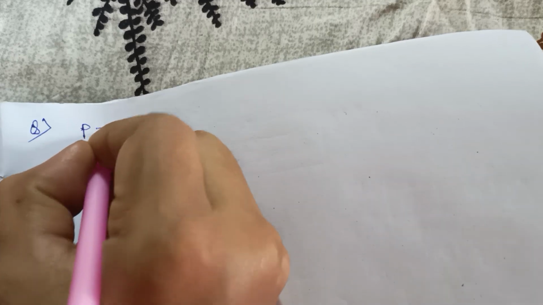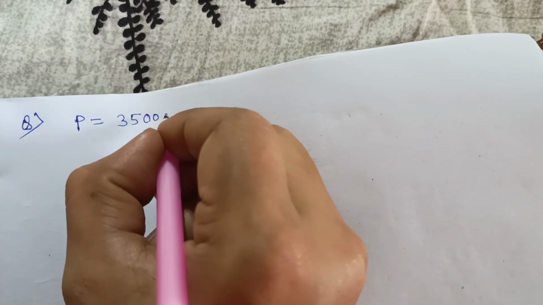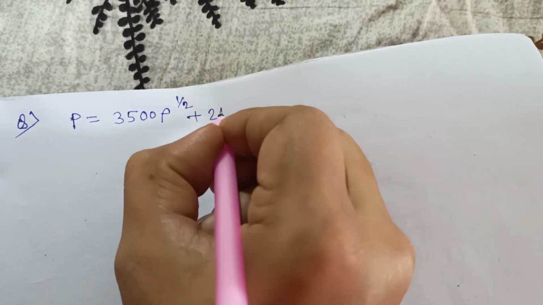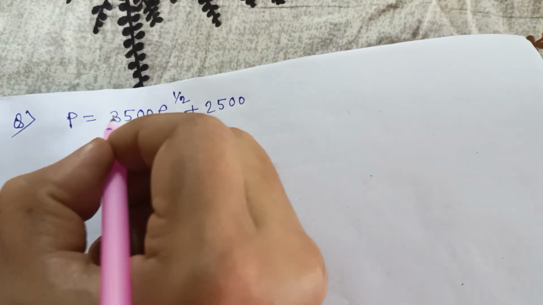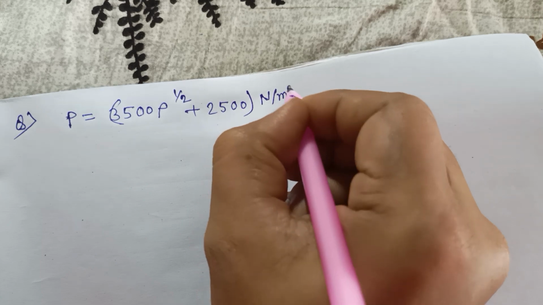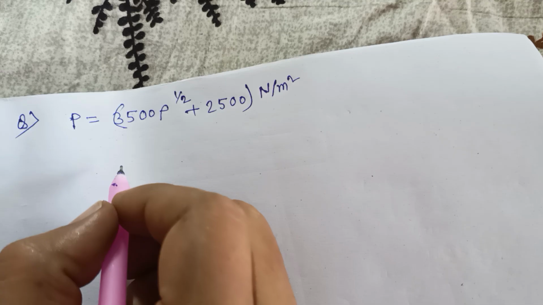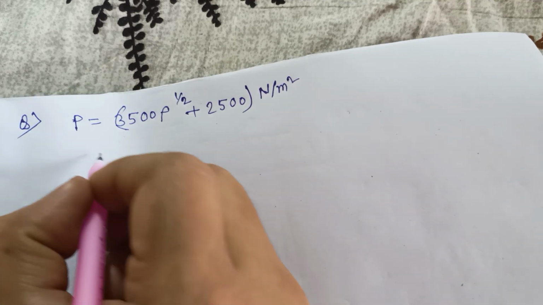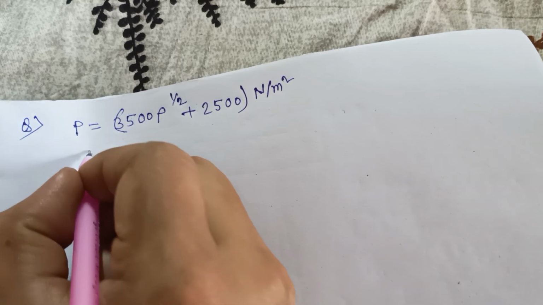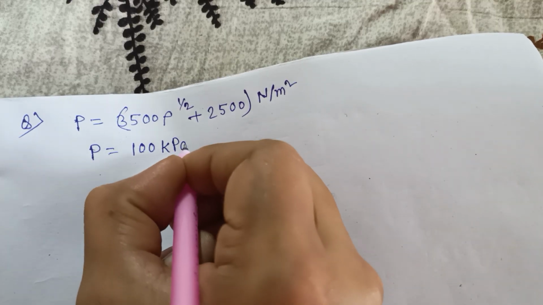P is equal to 3500 rho to the power 1 by 2 plus 2500, in Newton per meter square, and the pressure is given as 100 kilopascal.